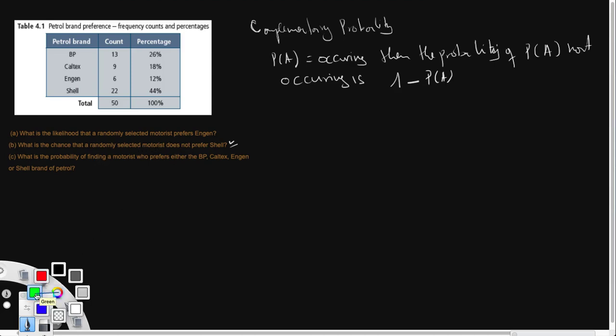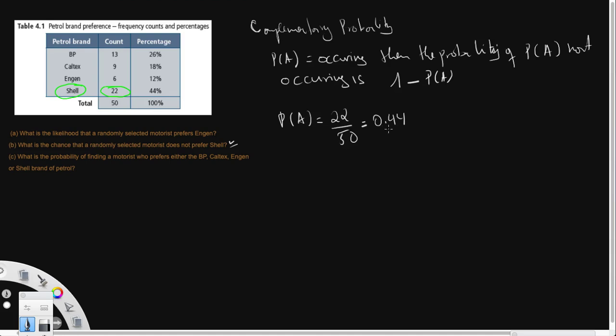So let's first go to Shell. This is Shell, and these are the chances of finding Shell. You just apply what we've done there. P of A is the probability of finding Shell, which will be 22 divided by 50. When you divide that on your calculator, you get 0.44.